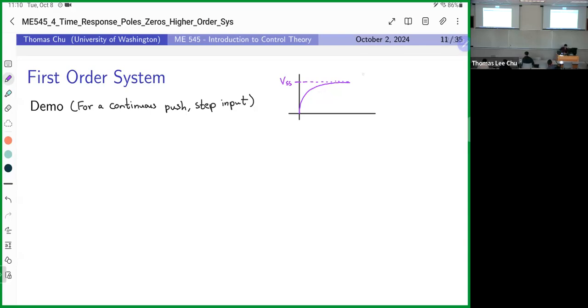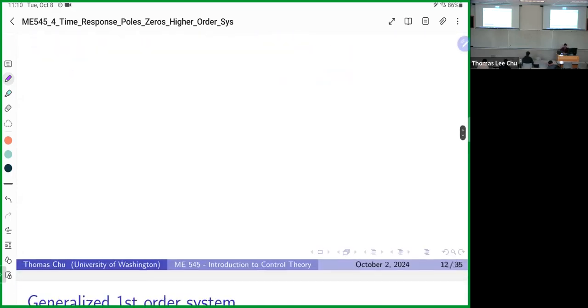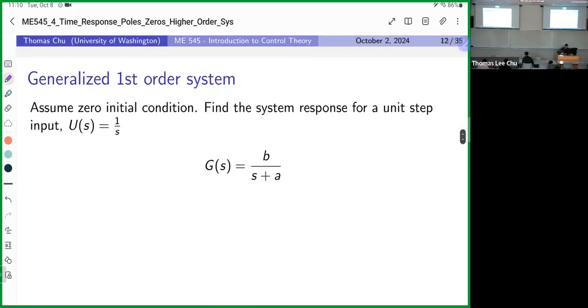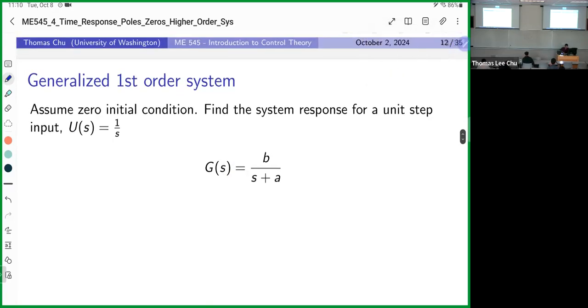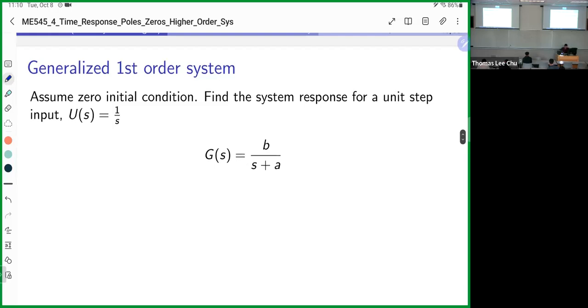You're just doing VSS minus some constant value times your exponential decay. And I'll derive that later.